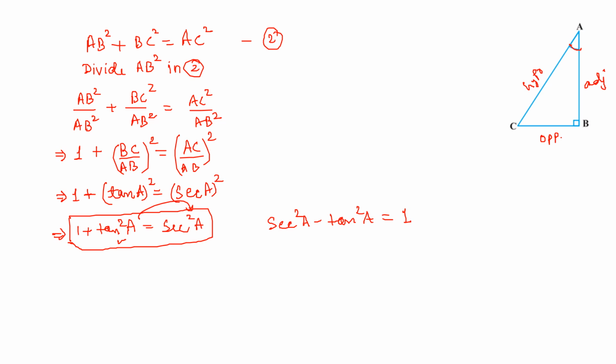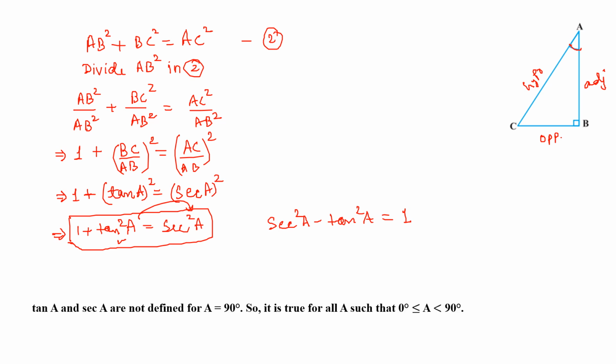So this identity will be true for all the values of A starting from 0 to less than 90 degrees. For A equal to 90 degrees it won't hold true, because tan A and sec A are not defined for A equal to 90 degrees. We have seen the trigonometric chart, right? For A equal to 90 degrees, tan A and sec A are not defined. Okay, so this is your second identity.